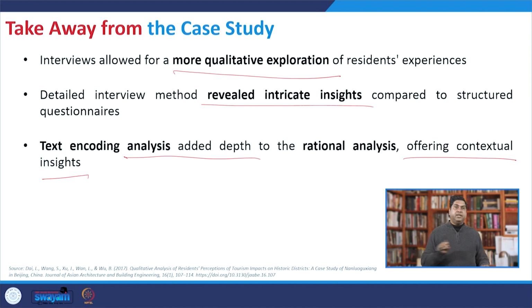As a method, here they have used some sort of text mining, or you can say text encoding, and the findings can be well understood through this kind of systematic text encoding process.